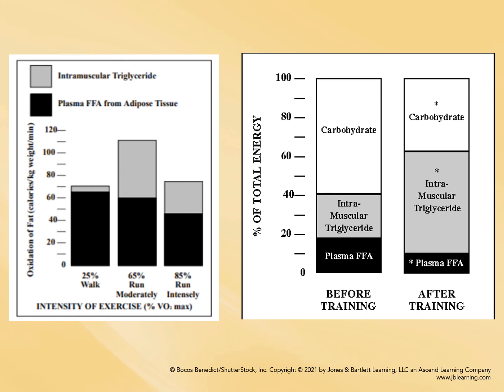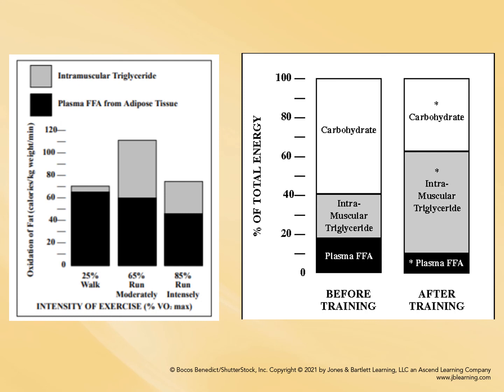You're still getting utilization of both stores, but you'll see that progressively the plasma-free fatty acid contribution goes down as the intensity increases, and the intramuscular triglycerides are contributing less than the moderate intensity exercise, but it still is contributing quite a bit.